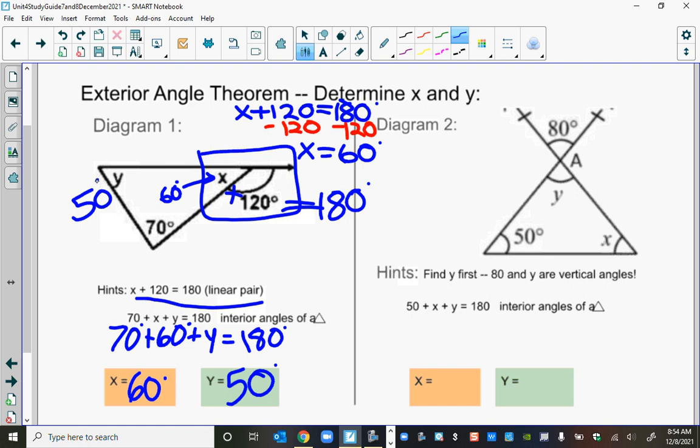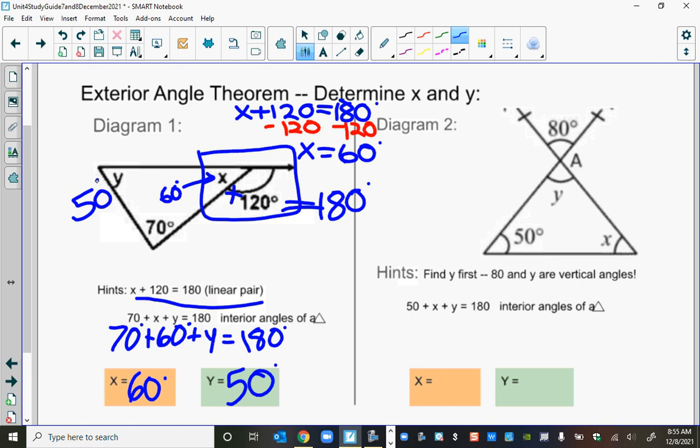So who can tell us? So what would be the y value then? So remember, 80 and y are vertical angles. So what do we know about vertical angles? They're congruent. That's right.